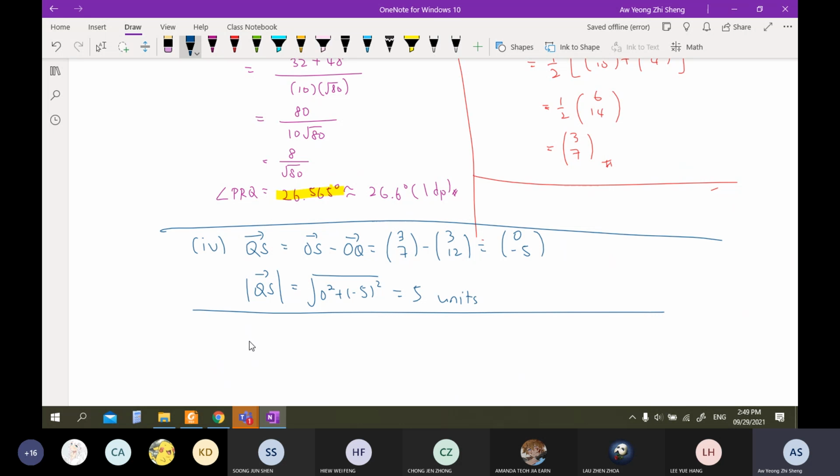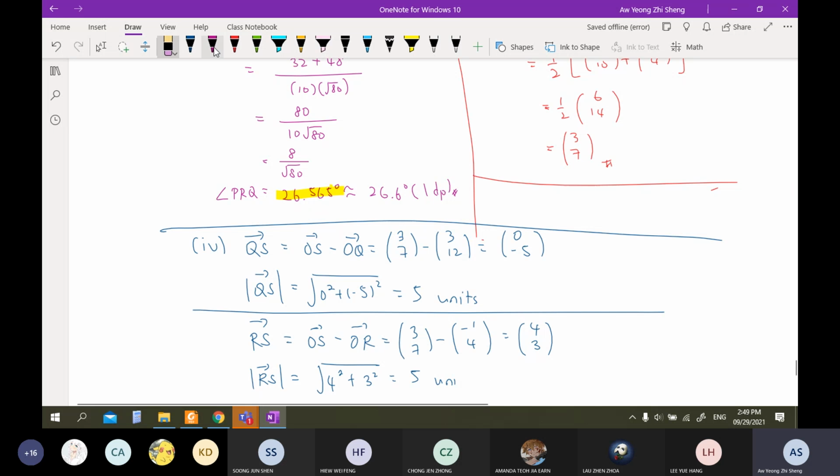Then we also want to compute length of RS. Then length of RS is the usual length formula. If you forget to write the word units, it doesn't matter.